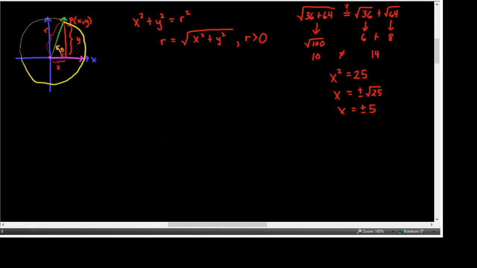Okay, so we're going to define trigonometric functions by relating the angle theta to the ratio of two sides of that right triangle.